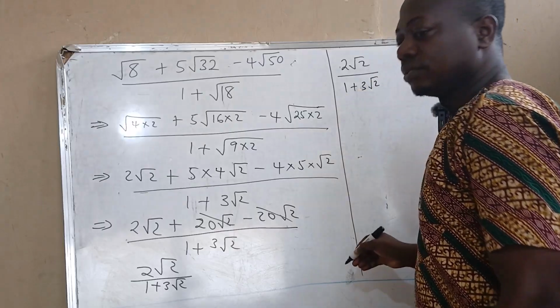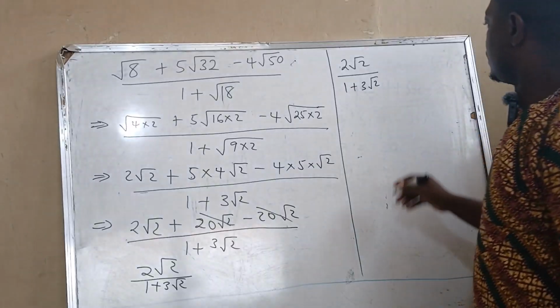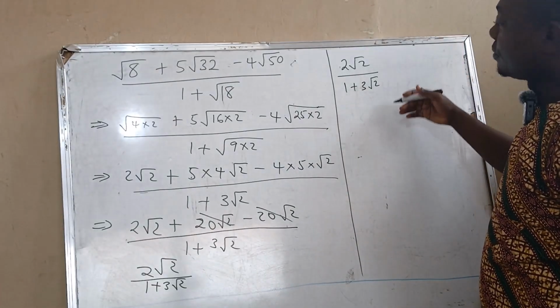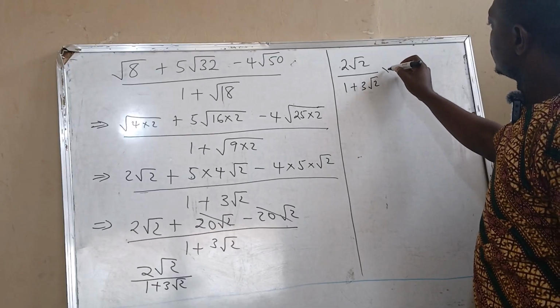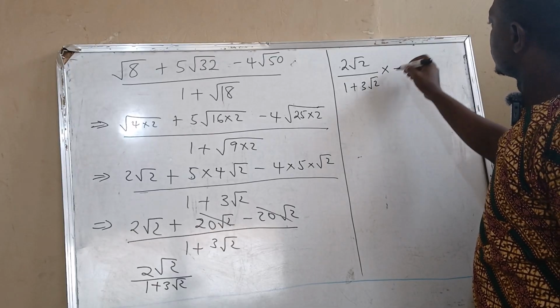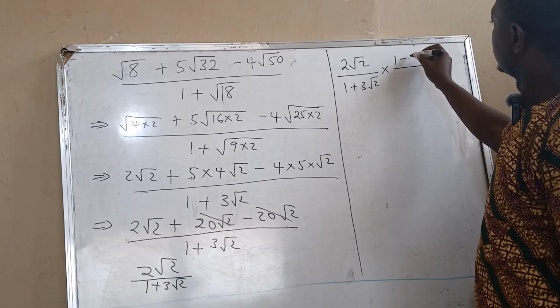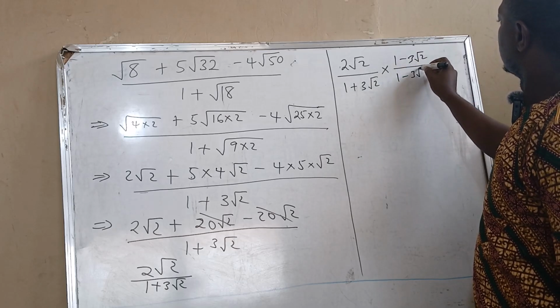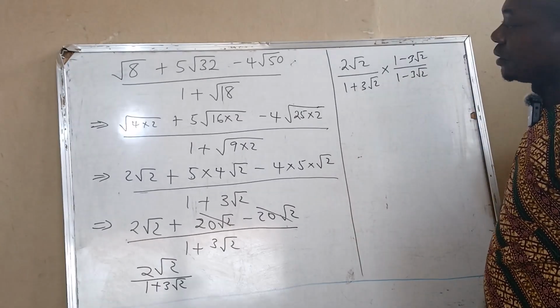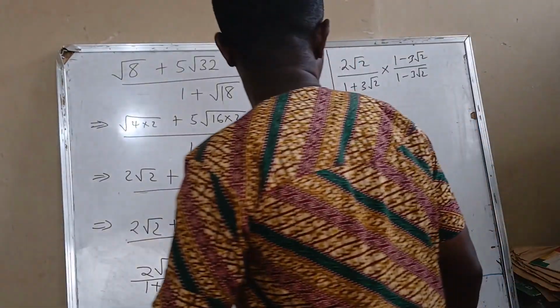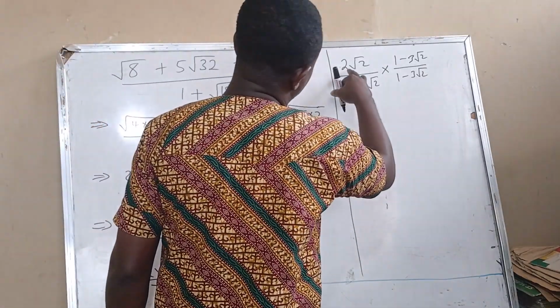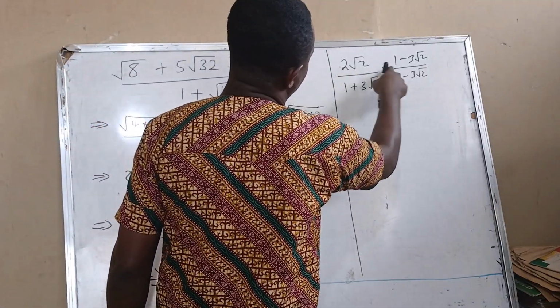And remember, we can only do that by multiplying both numerator and denominator by the conjugate. The conjugate is when we change the sign, so 1 minus 3 root 2.